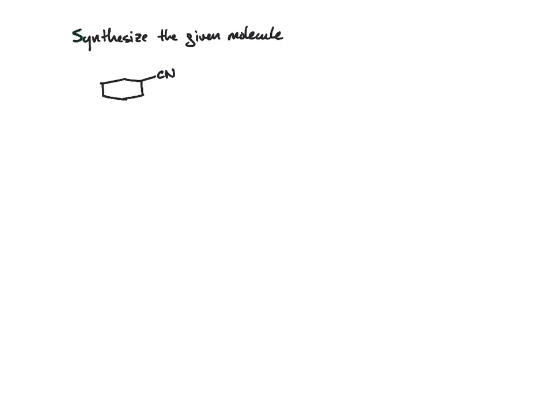If you recognize that this group here is a nitrile that can come from a cyanide, that you're going to make that bond. So the arrow that we use to think in the reverse direction is this arrow here. If we want to make that, we know we can get cyanide into a molecule by doing an SN2 reaction.